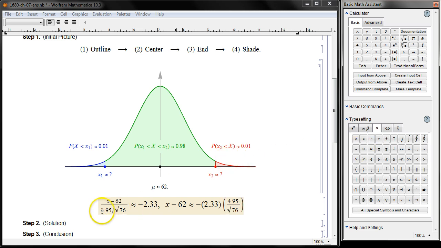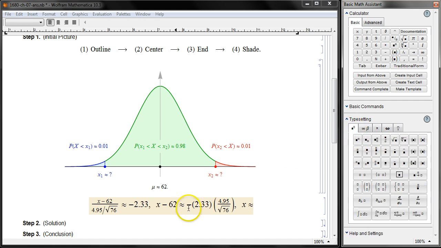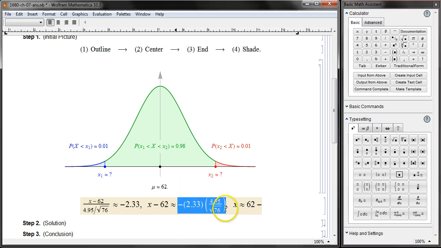If I flip this denominator to the other side by multiplying, consequently x is approximately equal to 62 plus, no, we have to minus all that.